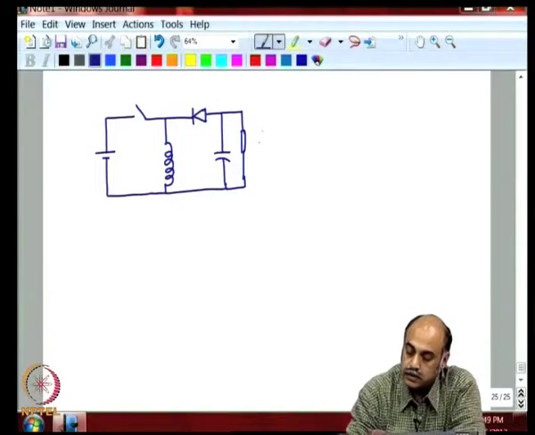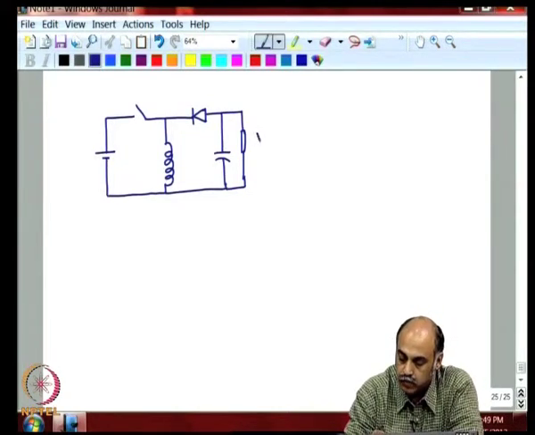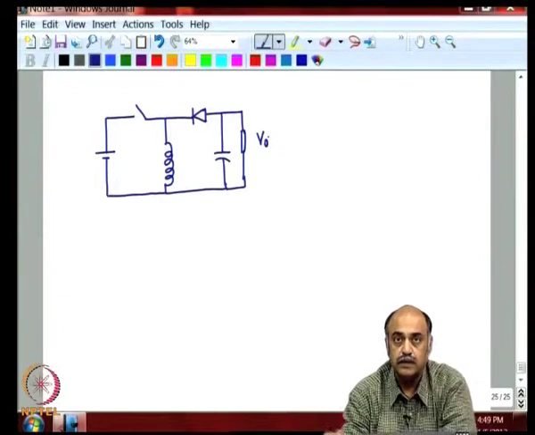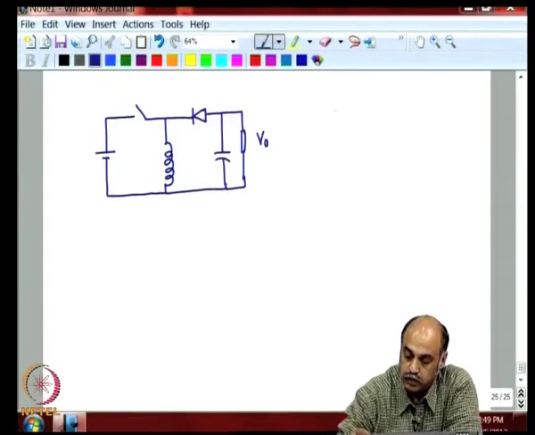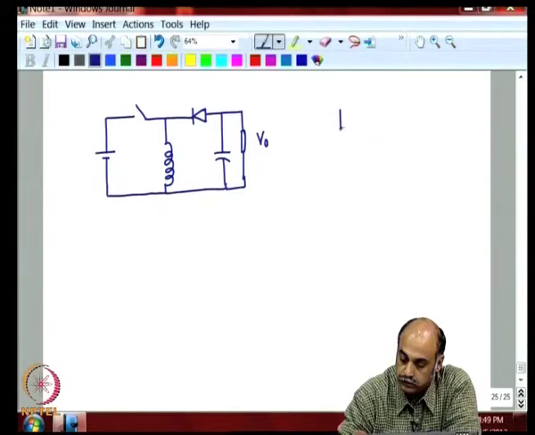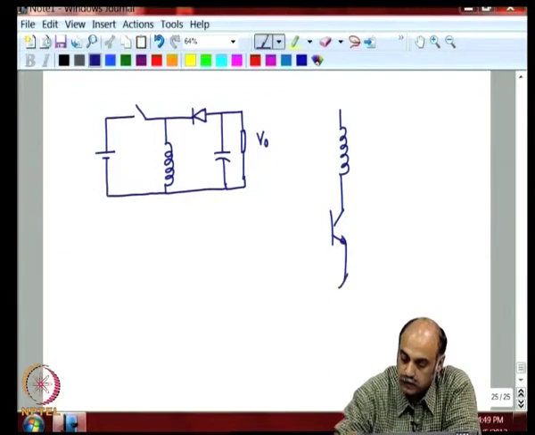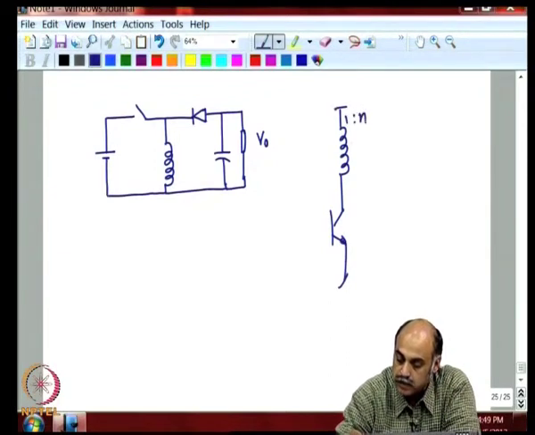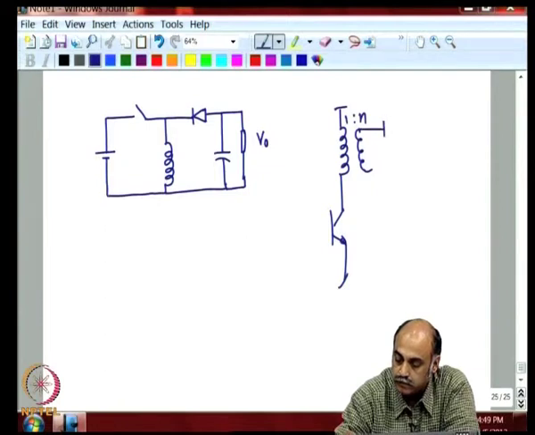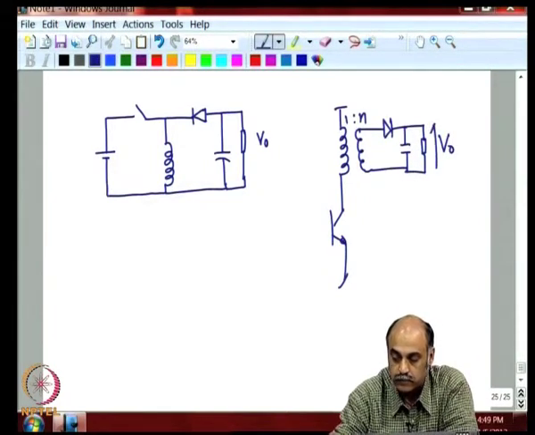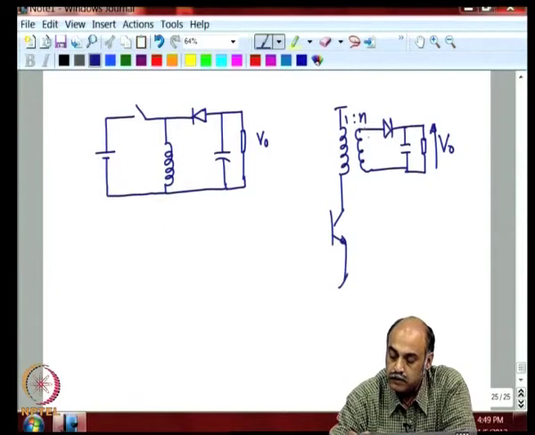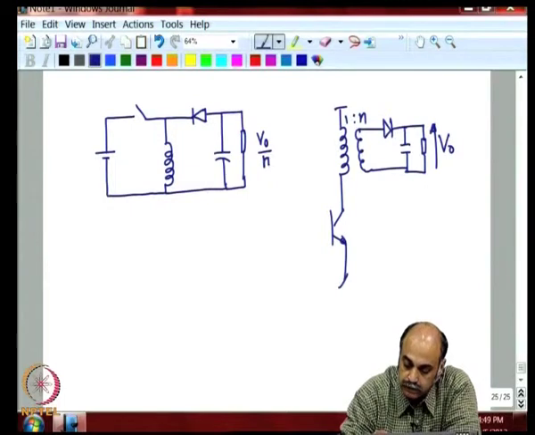Now, let us say that we want some V naught at the output, final output of the isolated flyback, with turns ratio 1:n. So, you need V naught here. Then, if the isolation is removed, if it becomes 1:1, it would be V naught by n.